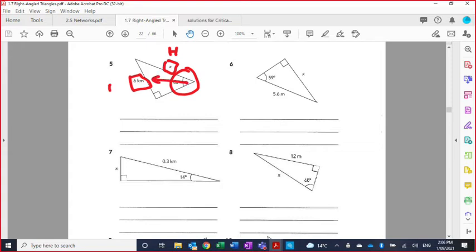The 6 is opposite the angle, so that's an O. And that makes this the adjacent, but I don't care about the adjacent because there's nothing down there. So you're only interested in the ones that have values, okay? So your first step is to label the sides.